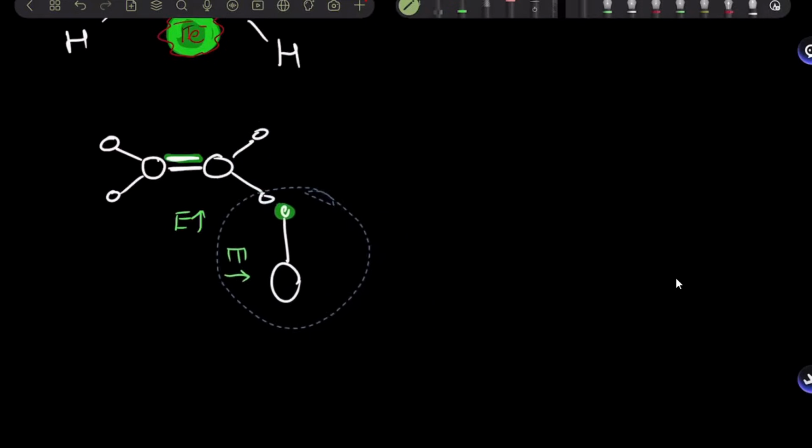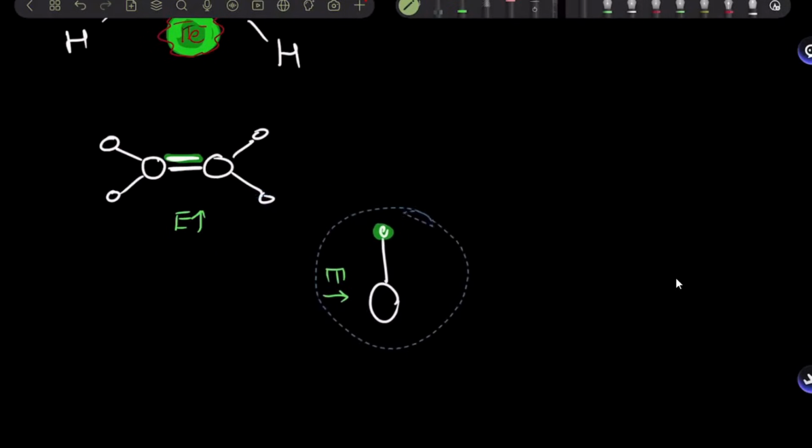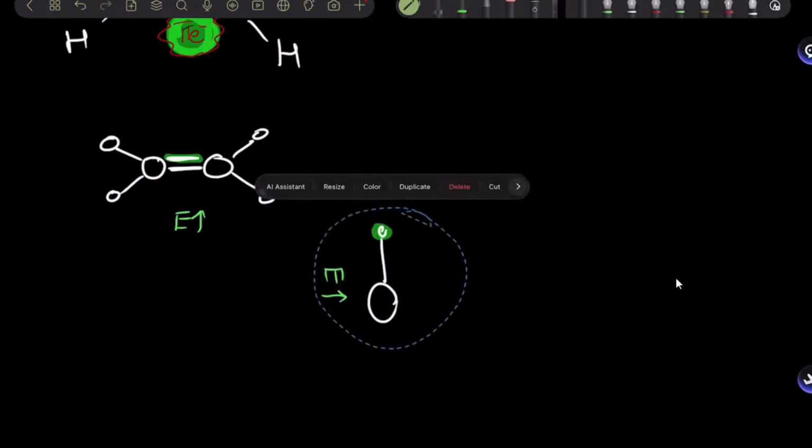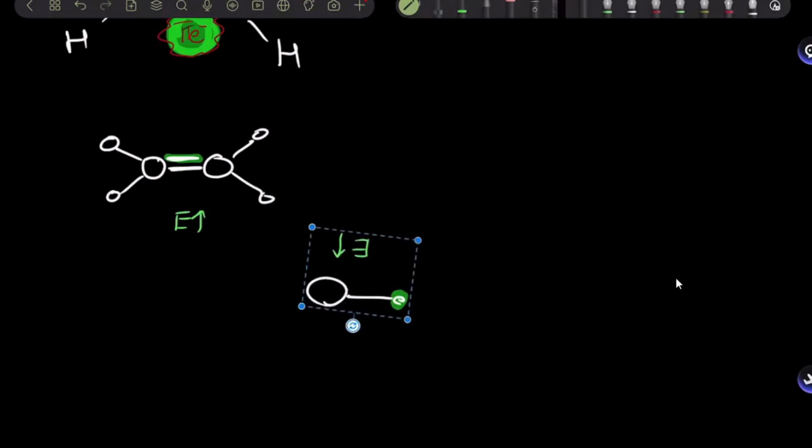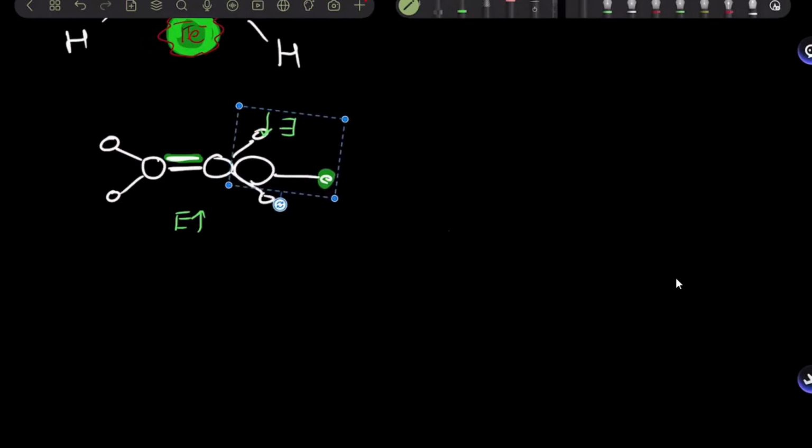No, it's still not the correct orientation either. All right. So is this the correct orientation, to be colliding like this? No. Is this the correct orientation, like this? No.